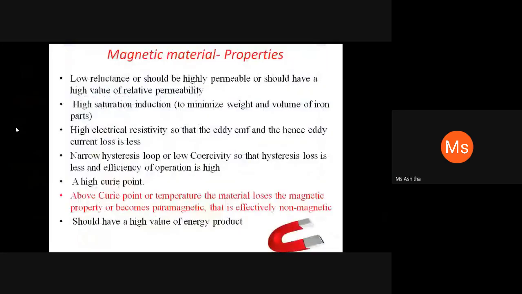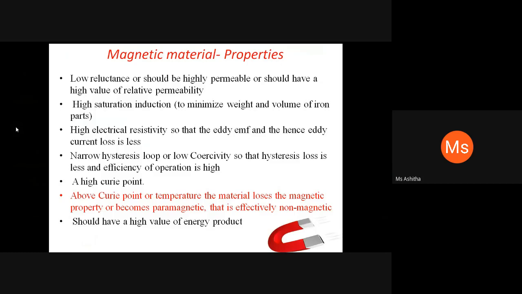And these are the properties of the magnetic material. It should have low reluctance, or be highly permeable, with a high value of relative permeability. Ferromagnetic materials have a high value of relative permeability, so they are most commonly used.